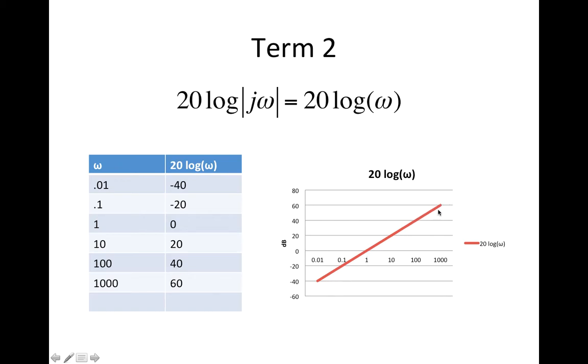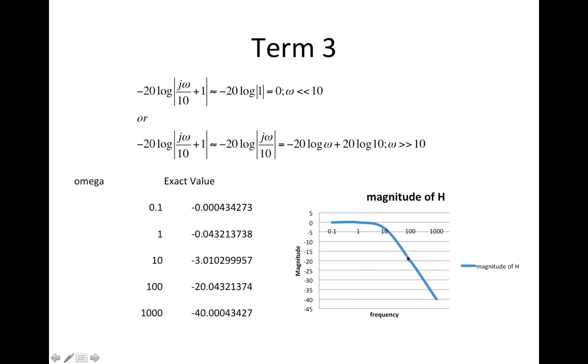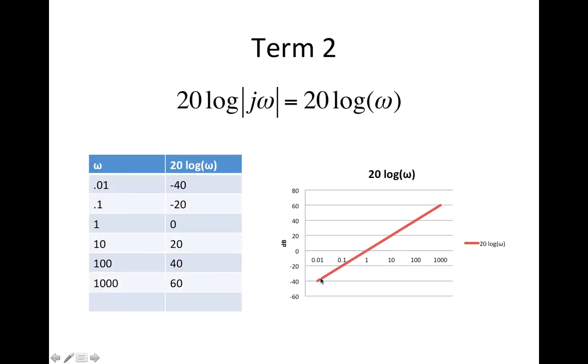We had a positive slope here. If I were to take this curve and add it to this curve, up to 10, I'm basically adding 0, so this is going to continue just like it was.